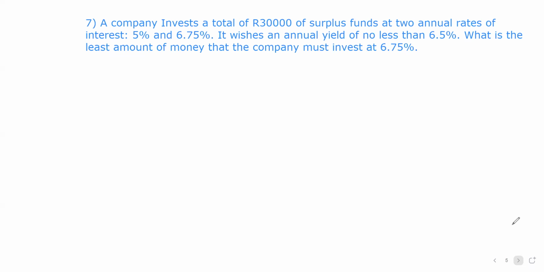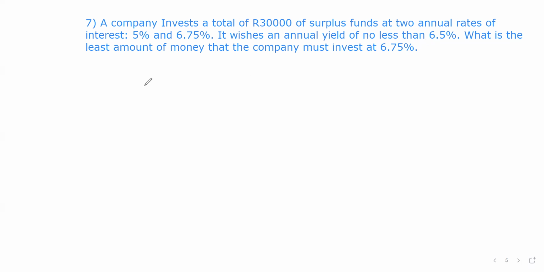So this should be 6.5% of its investment, of course. What is the least amount of money that the company must invest at this rate, all right, in order to get its desired annual yield? Okay, in order to get its desired annual yield, what is the least amount of money?